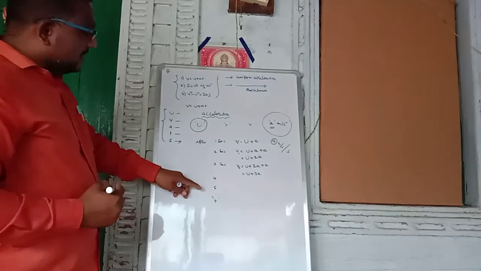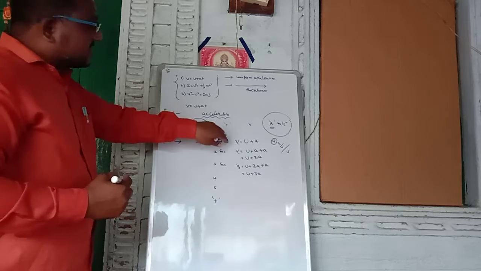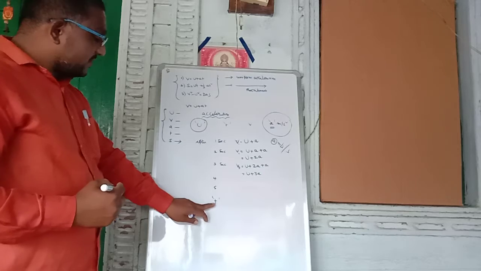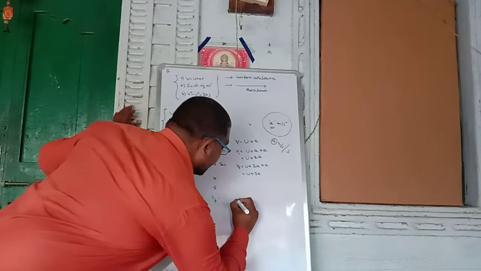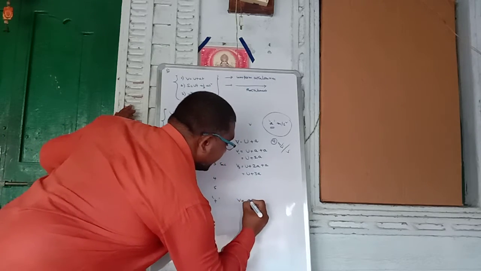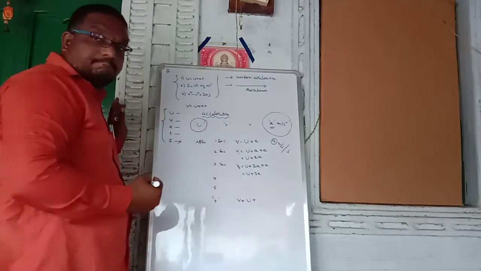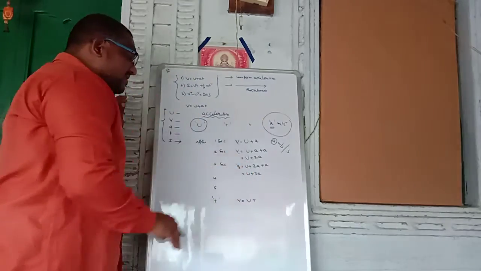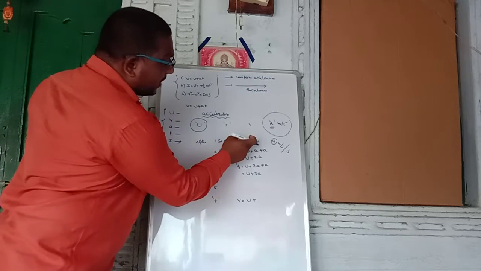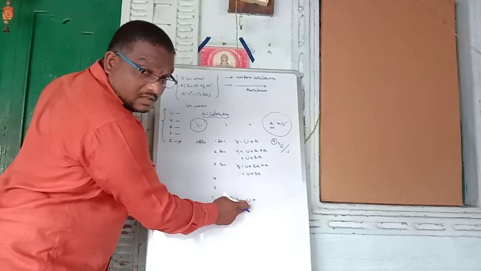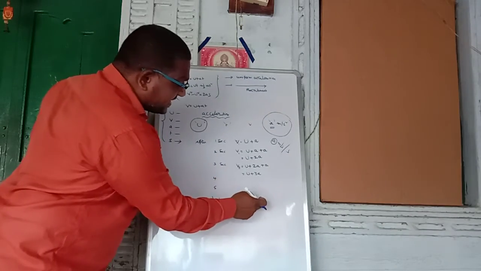After T seconds, the velocity of the body V is equal to initial velocity U plus how much velocity is increasing? 1A, 2A, 3A, like this 4A, 5A, 6A, 7A.